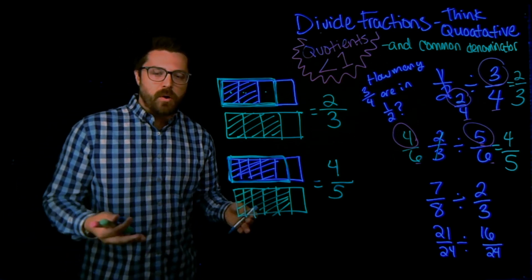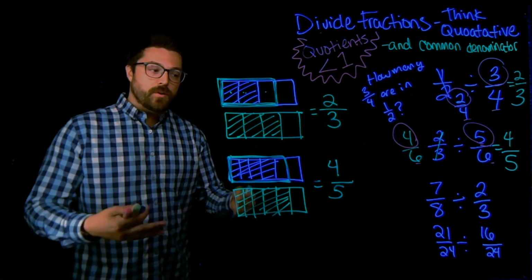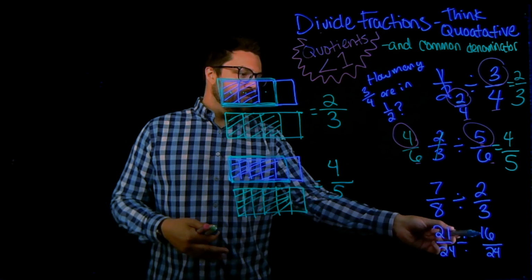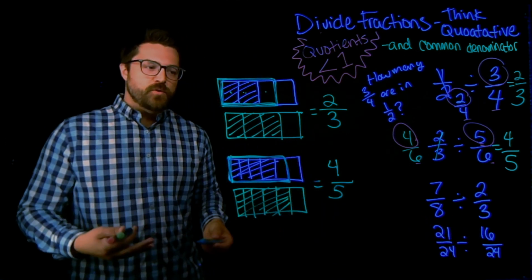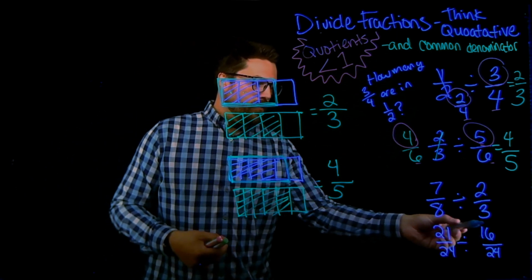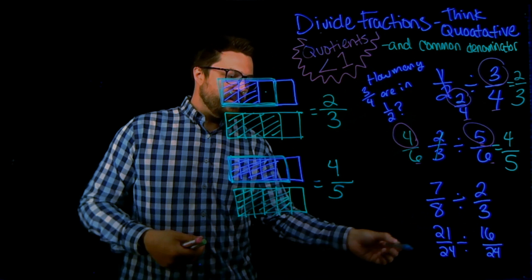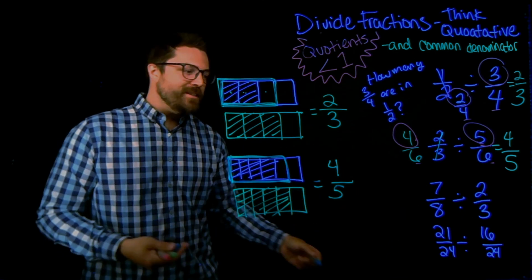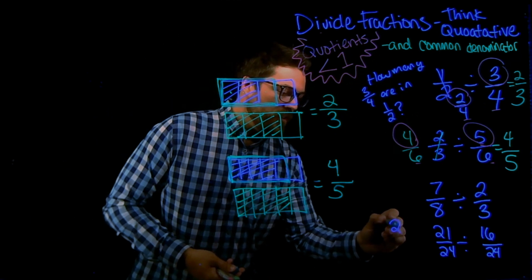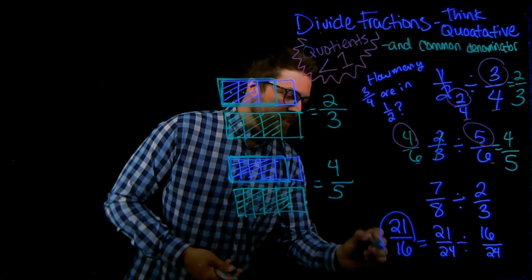And if both of those bars were broken into the same number of pieces, really what we're saying is how many 16s are in 21. And well, how many pieces do I need? I need 16 pieces. And how many pieces do I have? I have 21 pieces. And so that fraction is just going to be 21 over 16.